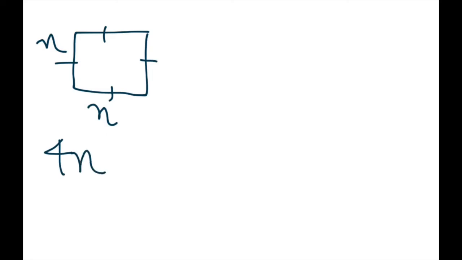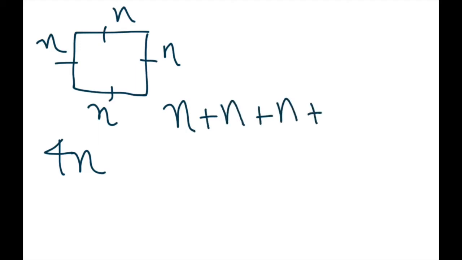And I need to make sure it is not 4n. Because if this was 4n, that meant that you were finding the perimeter. Because if I go n plus n plus n plus n, that's how I find the perimeter of my shape. I add up all the side lengths.